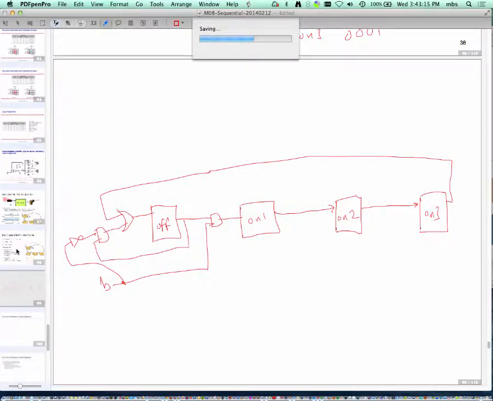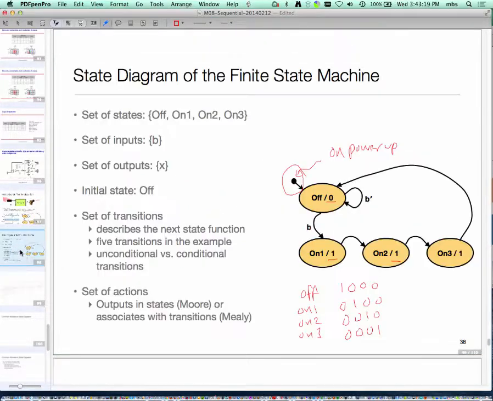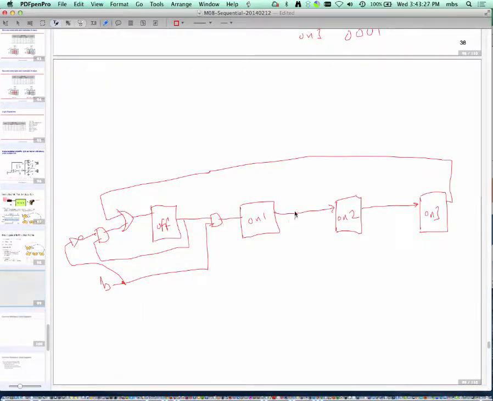Okay. Then what about X? When is X high? So when is the gun to be fired? Looking at this, I should be in on 1 or on 2 or on 3. So on 1, on 2, on 3, any one of them is my X. Pardon me?